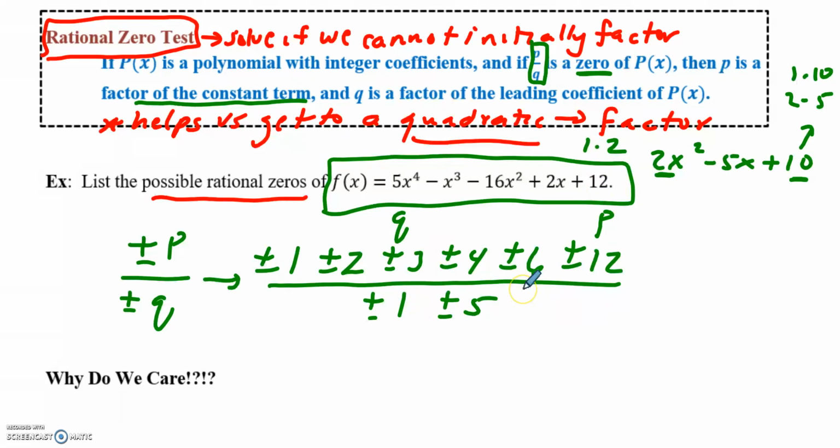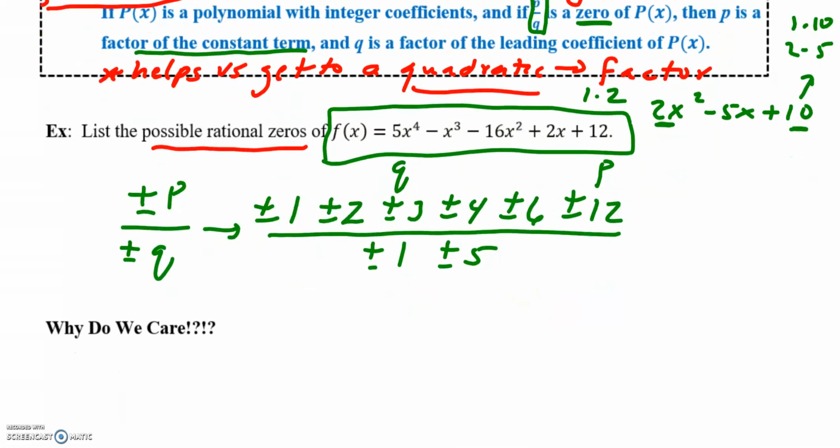Now, what this really means is we have quite a few possible solutions here. And the reason that this matters I'll get to in just a minute, but if I want to continue this, here are all my possible answers. I have to take everything on the top and divide it by 1 on the bottom, and then divide everything on the top by 5.